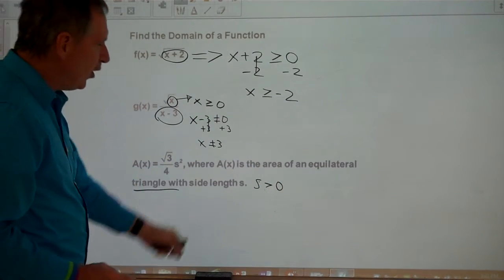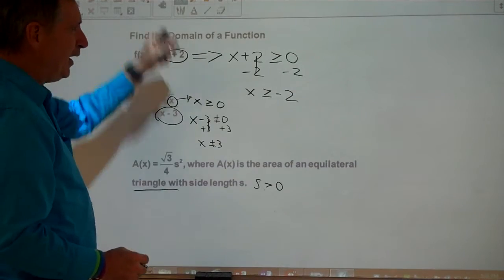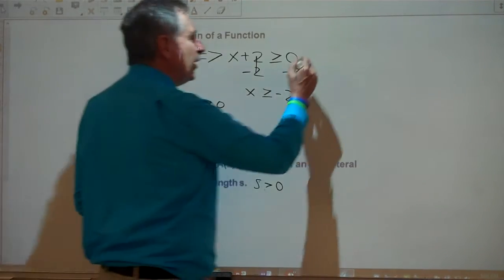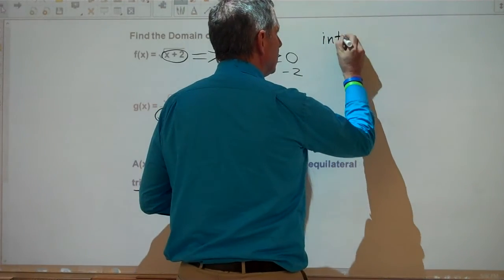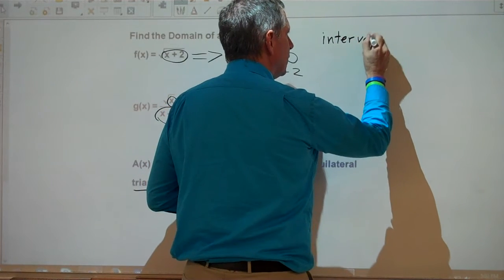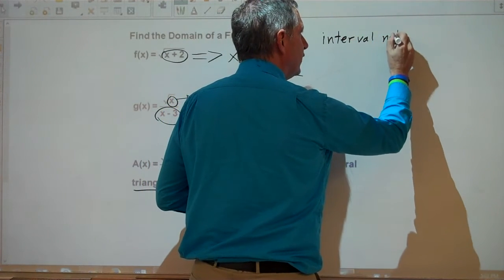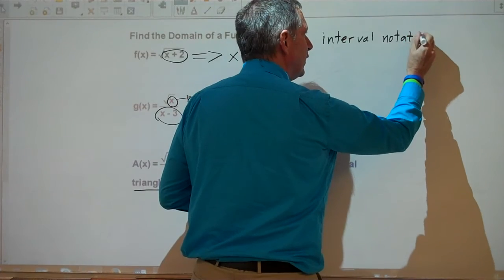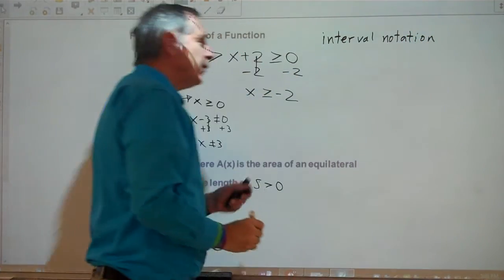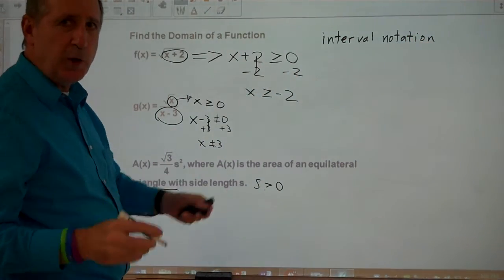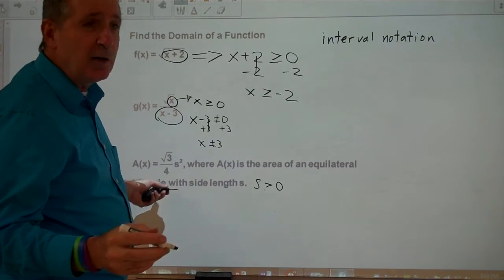And we can represent all of these domains in something called interval notation. We'll take a break to explain what that is now, in case you may not yet be familiar with that. Interval notation is just a way of describing a domain in this case.